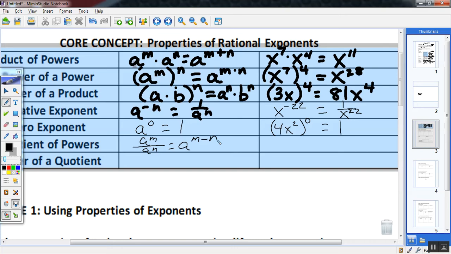So if I have x to the 26th over x to the 10th, are my bases alike? Yes. They're both an x. So if I take 26 minus 10, where are you falling at? Down 16. So we'll call this x to the 16th.